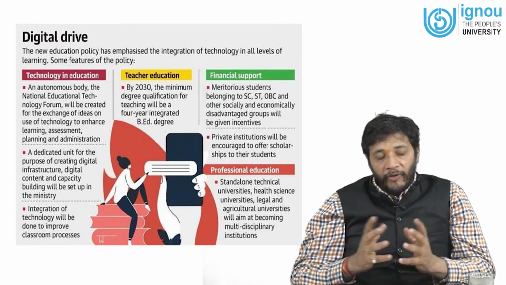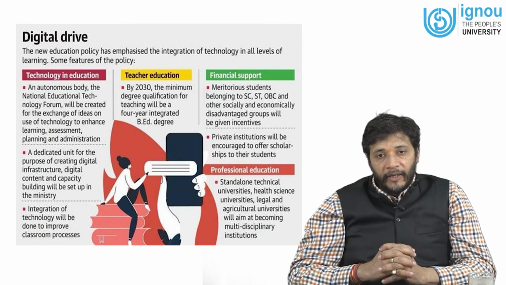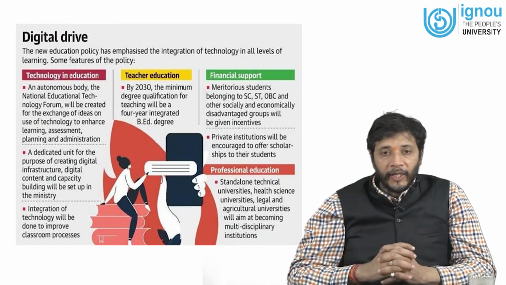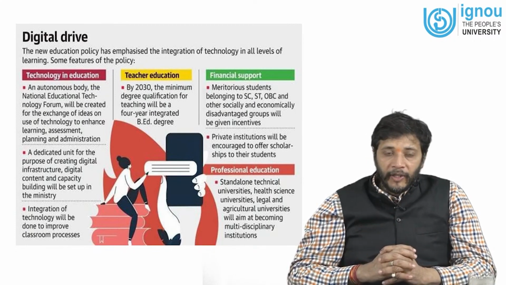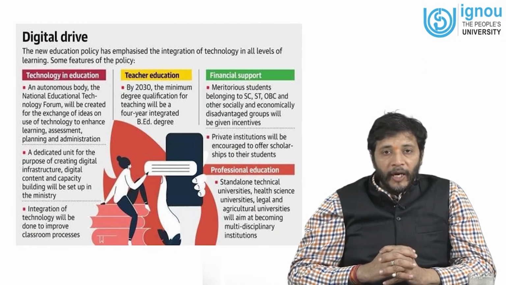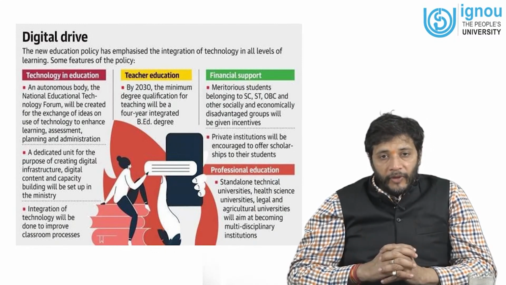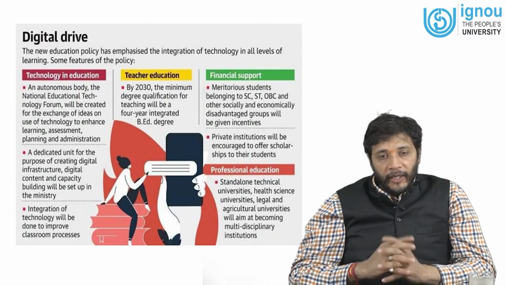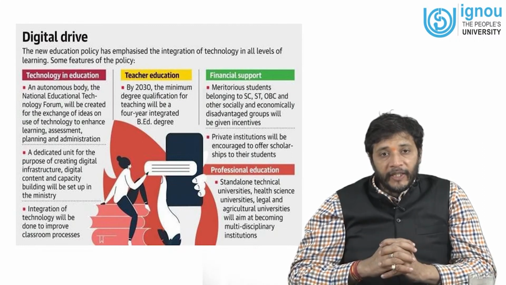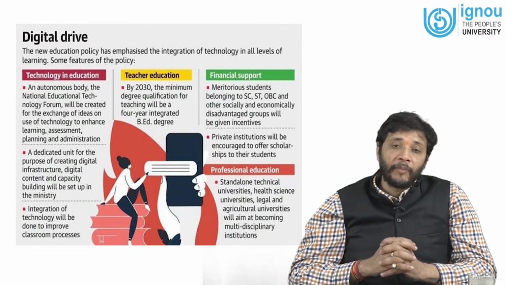Here I want to share a very good example: in the Western world, countries like the United States of America or the United Kingdom believe in enrolling a student in the institution at the beginning stage rather than in a department.